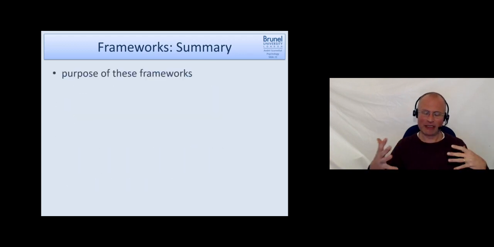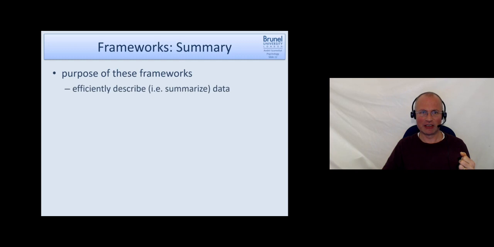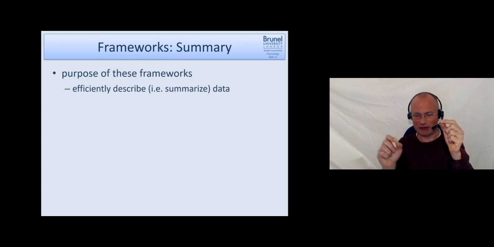I said that in the beginning, but just to make it clear once more, these frameworks have a couple of purposes, and one of them is that they are used to describe data, to summarize them in an efficient way. Because if you just have data, it's very difficult to say, I have this data point and this data point and this data point.